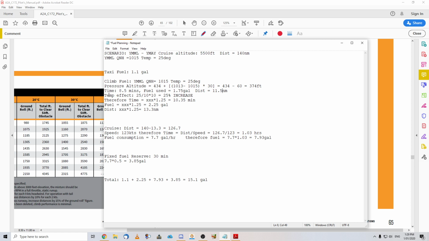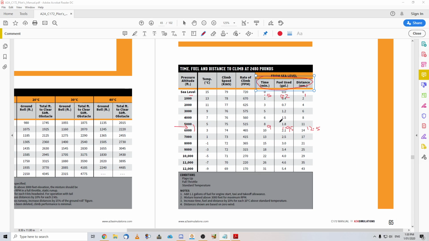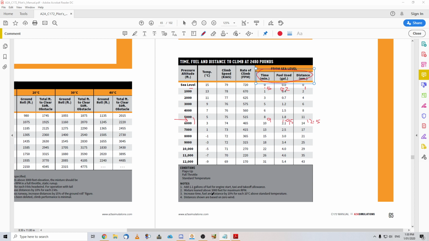Okay, so basically that's the basic calculation. However, some things aren't always that easy. Down the bottom here, you'll see: increase time, fuel and distance by 10% for each 10 degrees above standard temperature. Why is that?